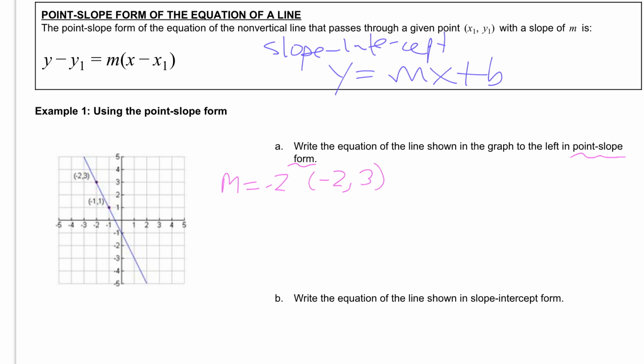So now with this slope and this ordered pair, I can write my equation in point-slope form. I am going to be substituting in for y sub 1, for m, and for x sub 1.